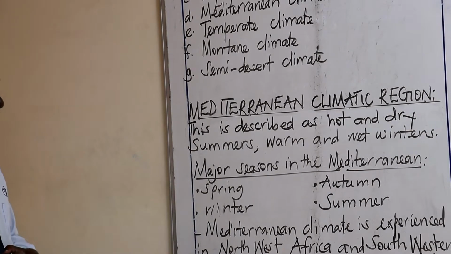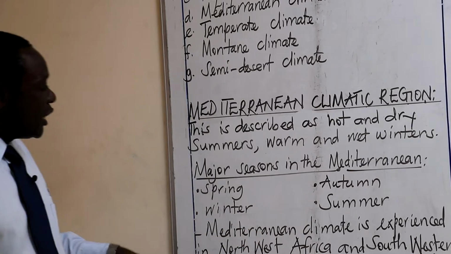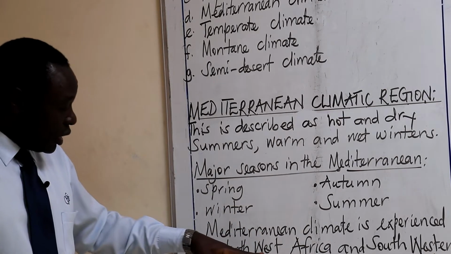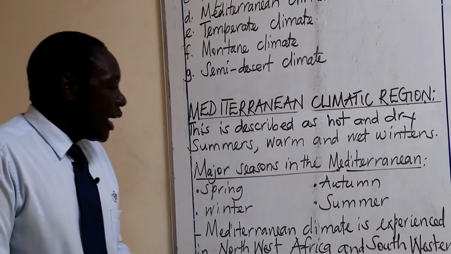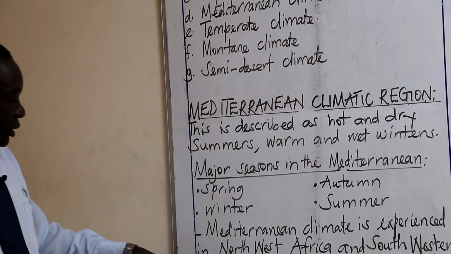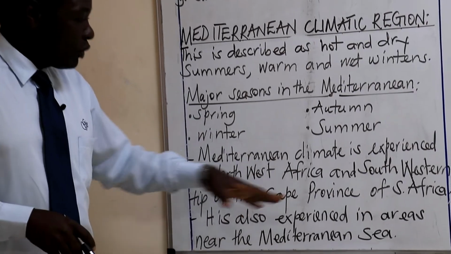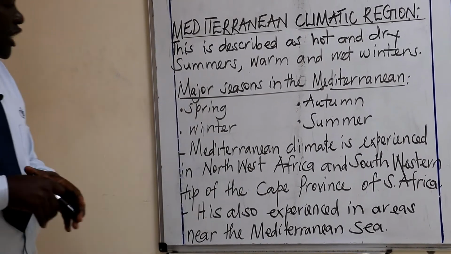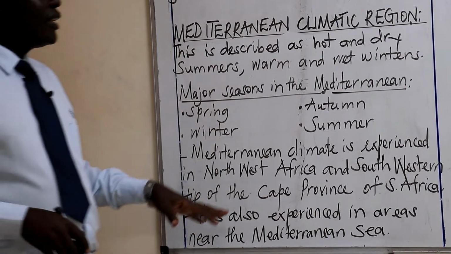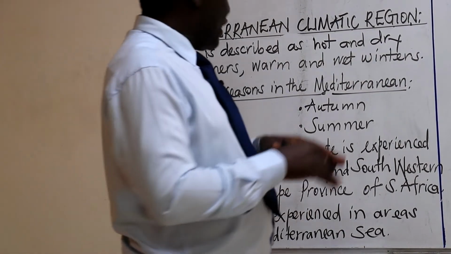Mediterranean climatic region is experienced in Western Africa and also in the southern tip of Cape Province of South Africa. It is also experienced in areas near the Mediterranean Sea.